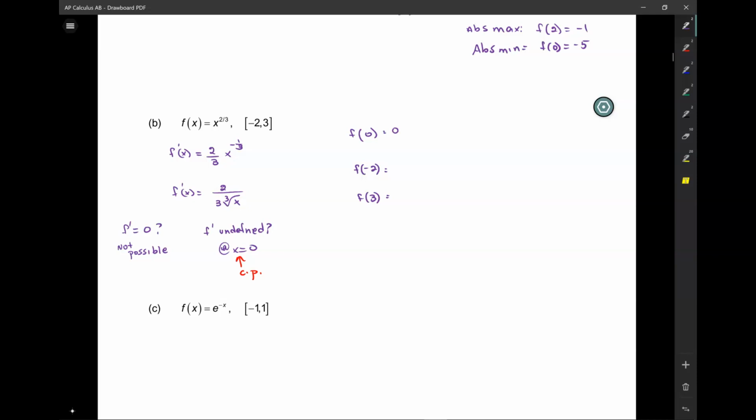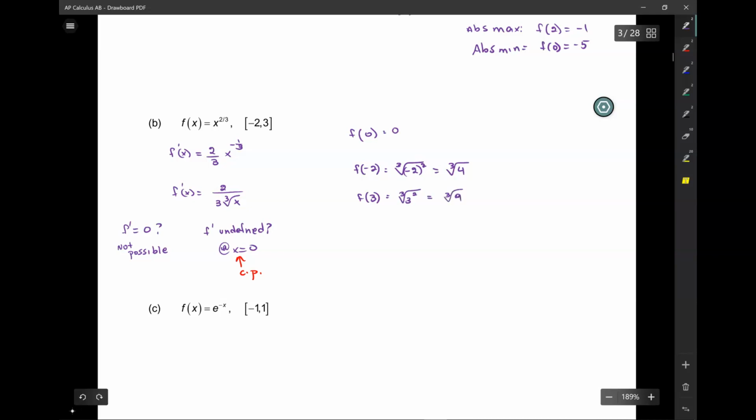So f of negative 2 is the cube root of negative 2 squared, which is the cube root of 4. The cube root of 0 is 0. Here I have the cube root of 3 squared, which is the cube root of 9.